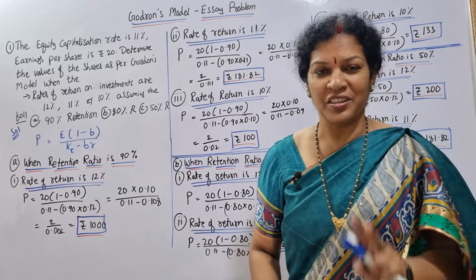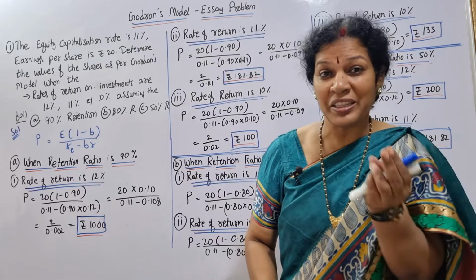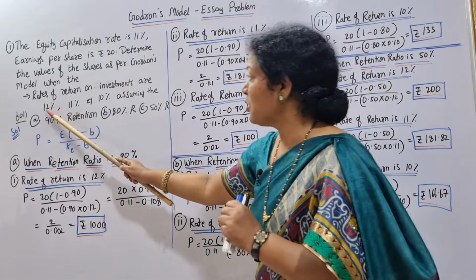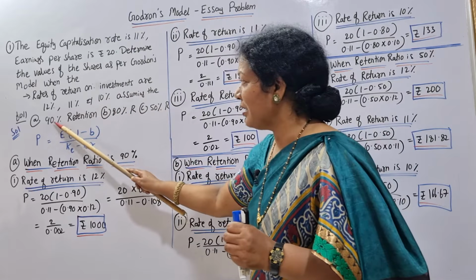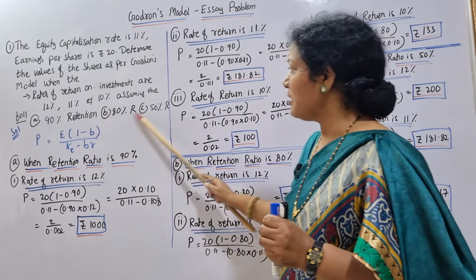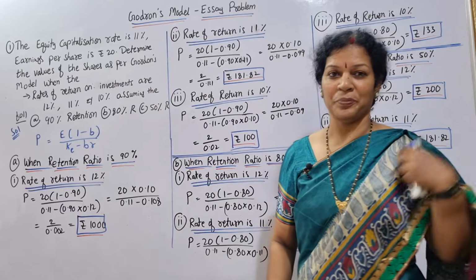Generally only one rate of return will be given. Now here three variations are given, 12%, 11%, 10%, assuming 90% retention, 80% retention, 50% retention.